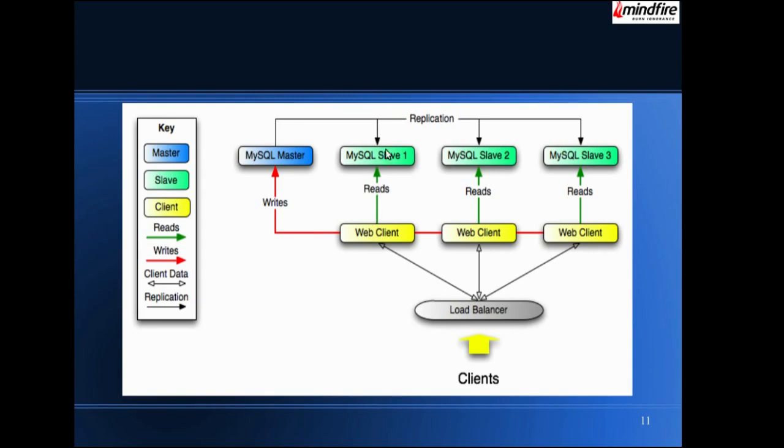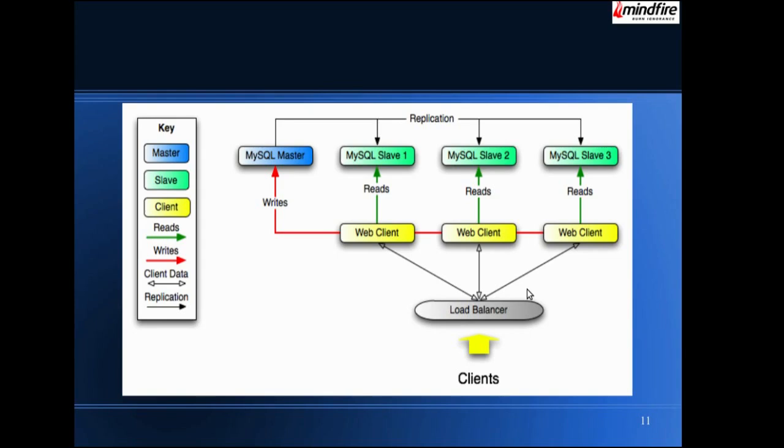So we can distribute the reads coming from a web application, as most web applications are mostly read-based and have fewer writes. So we can distribute the read load to the several slaves, while the master handles the writes, because only the master can handle the writes.